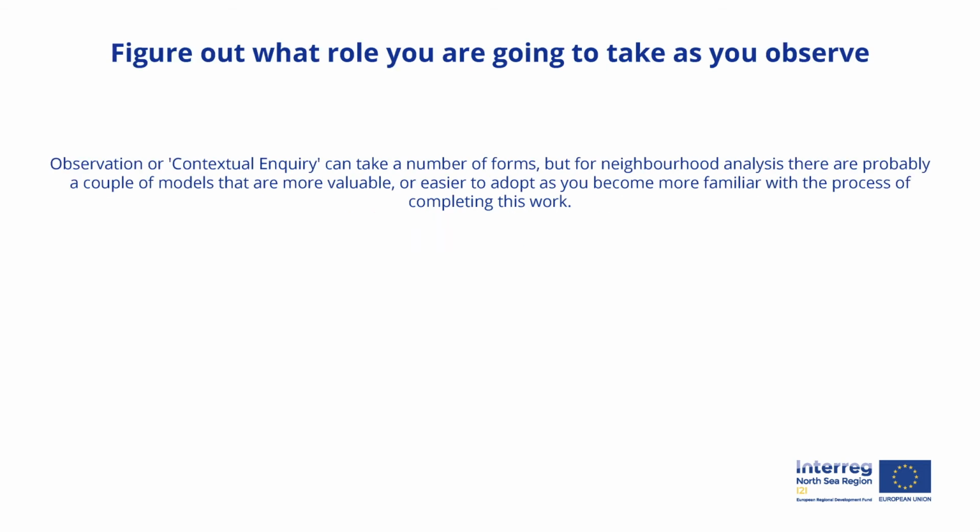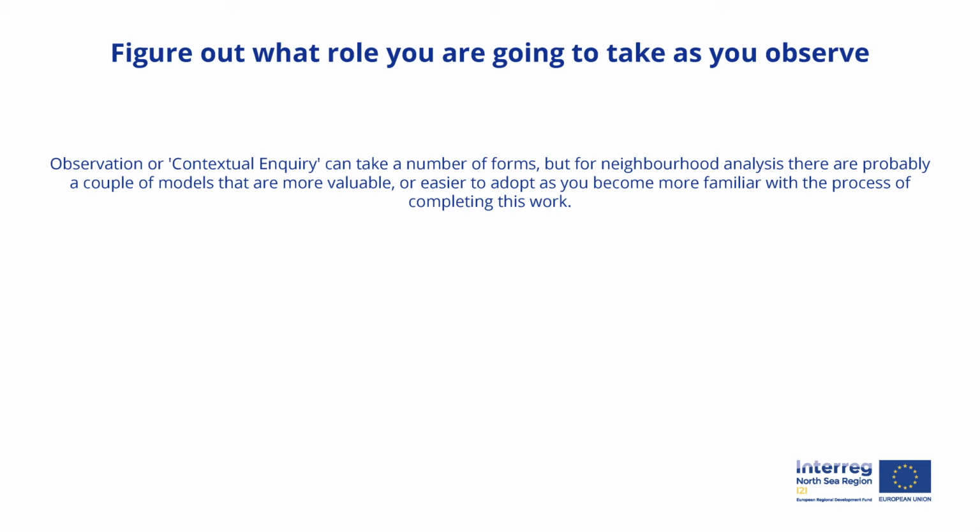So by this stage, we've hopefully got an idea of both who we're planning to look at, or what issues we're planning to go out and look for as we begin to think about our observation. But we also need to think about what our role is going to be when we're out there doing that. How are we going to behave? Are we going to be very passive, or are we going to be more active?